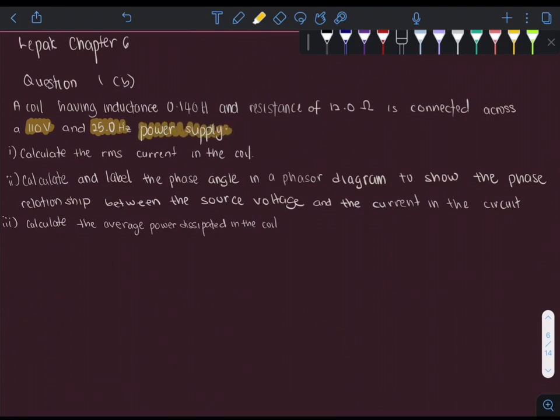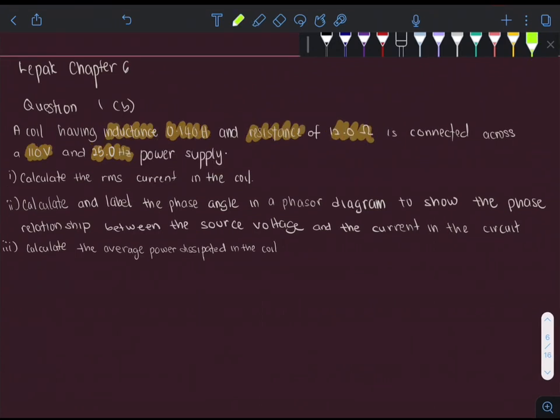that we have an AC supply, because for AC the current and voltage is going to alternate or change periodically with the angular frequency omega equals 2 pi f. And we also have in our circuit an inductor and also a resistor with the given values.